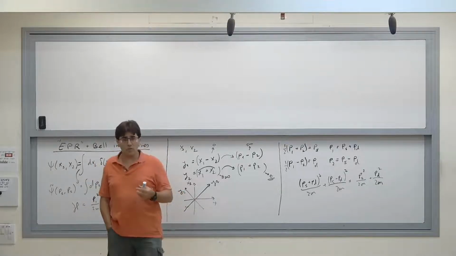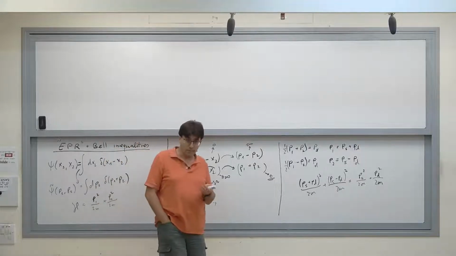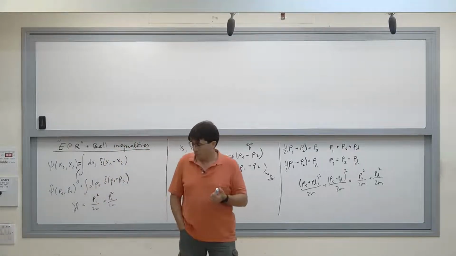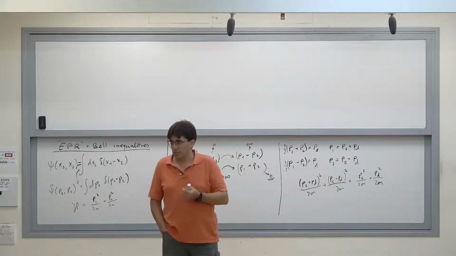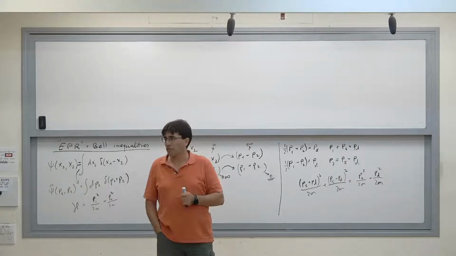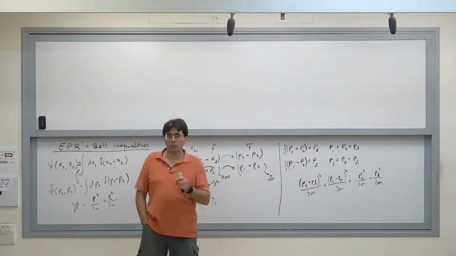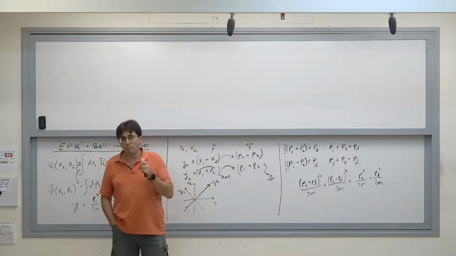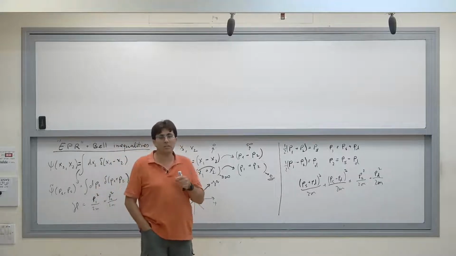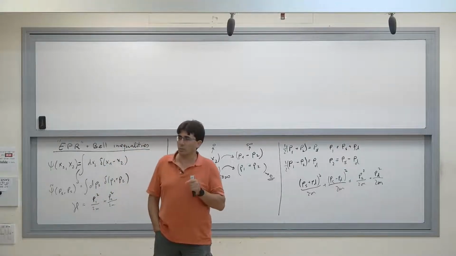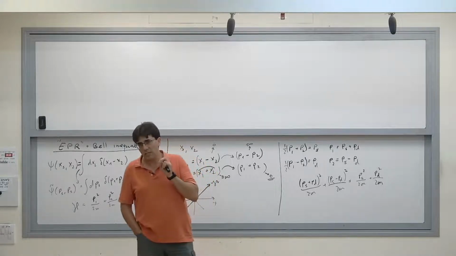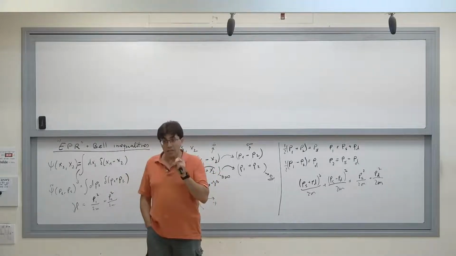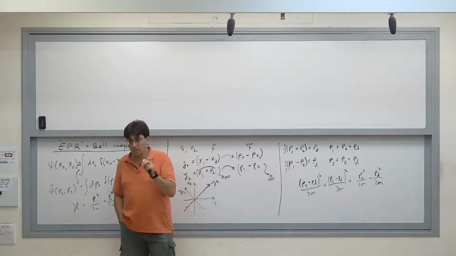Until 1964, so this is 29 years later, when Bell wrote his inequalities. He showed that there are differences, that the correlation in quantum physics is better than the best you could do with local hidden variables. Now this is a subtle statement because it doesn't appear in the Einstein experiment.